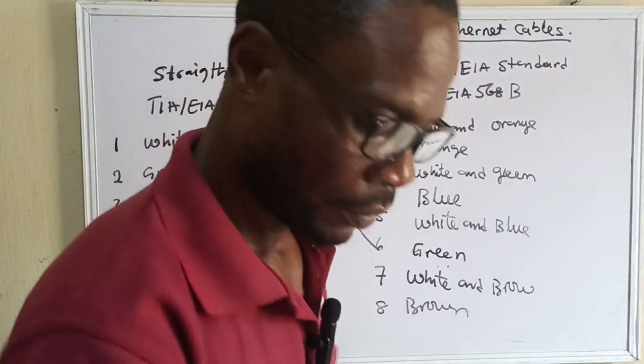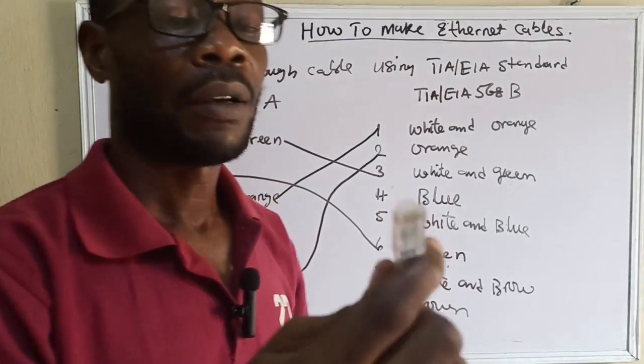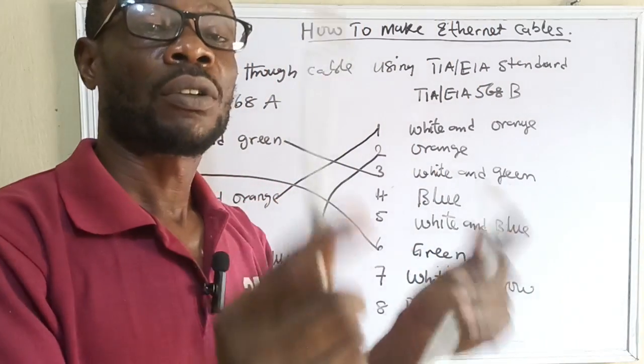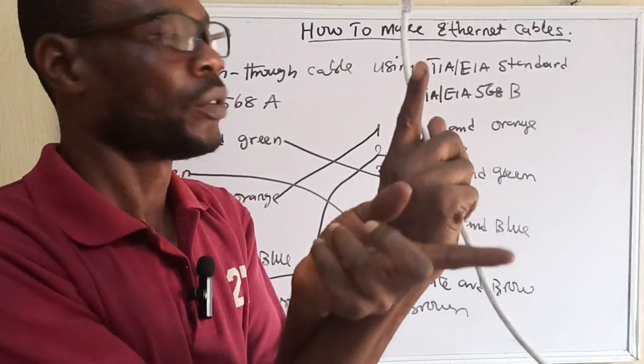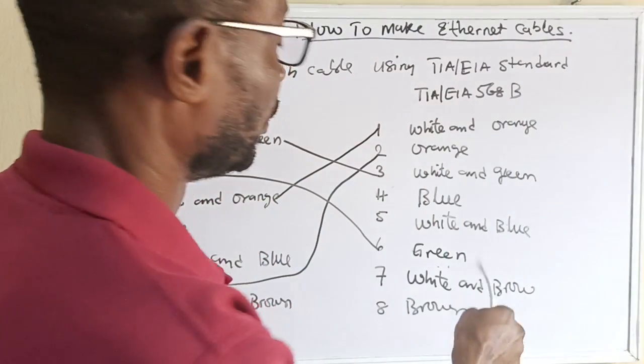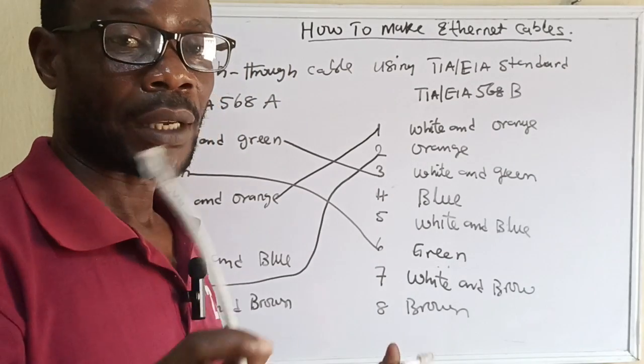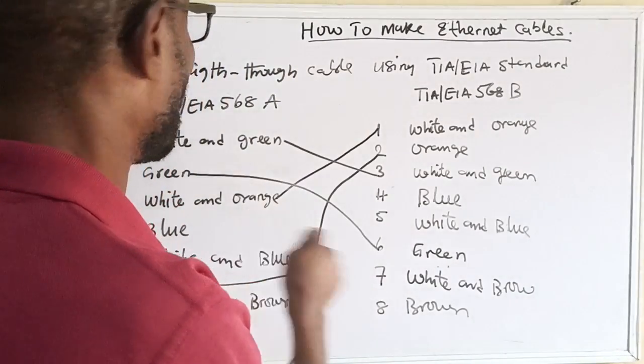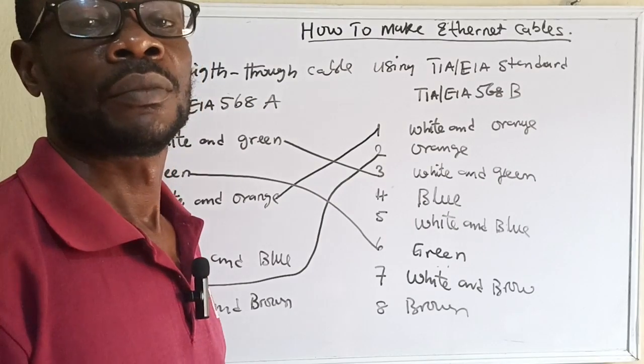Do you hear the sound? So now, by doing this, this is a crossover cable. It's crossed because I used this, and used this. So for you to make a crossover cable, you must use A and B at the same time.